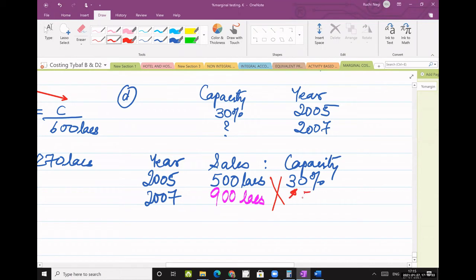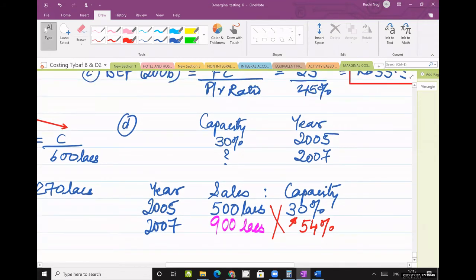So my answer is 54%. So in the year 2007 the business will be operating at 54% of its capacity. Is this question clear to everyone?